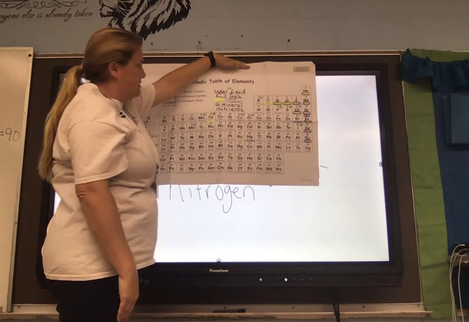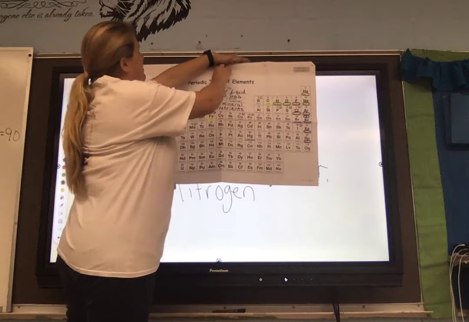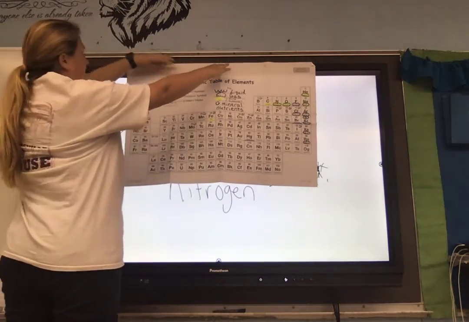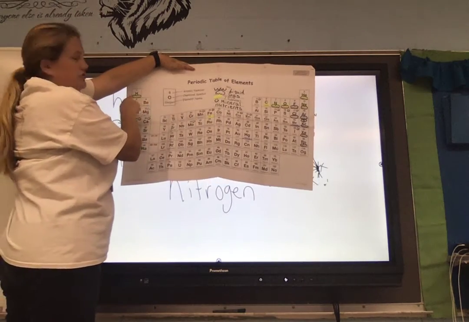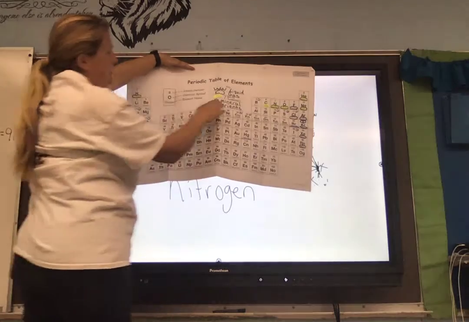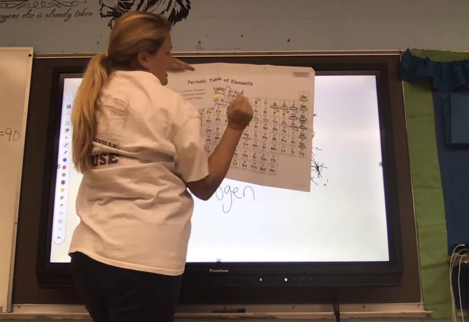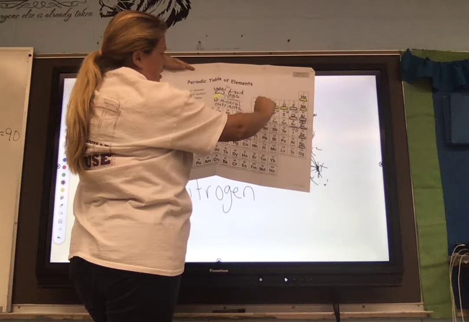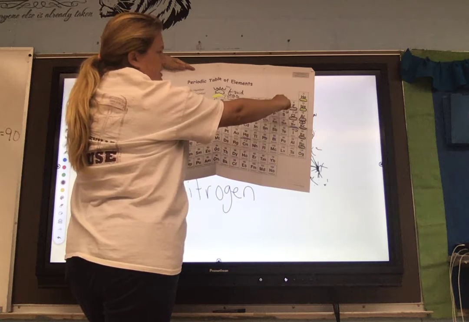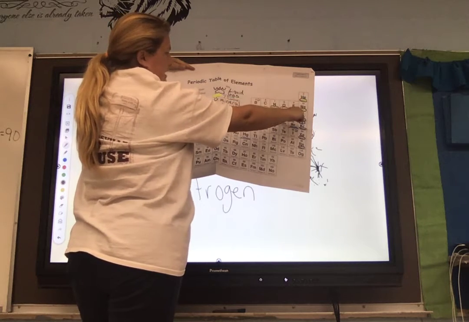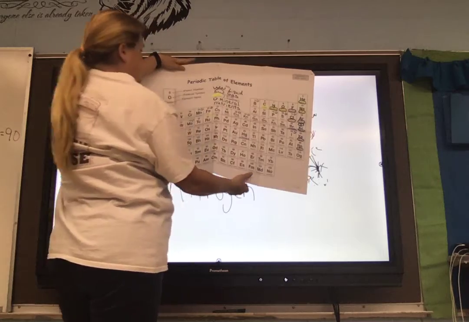These are our 7 most common elements. And then I've located these 7 and highlighted them. So number 1, hydrogen is highlighted. Number 2, helium is highlighted. 6, carbon. 7, nitrogen. 8, oxygen. 10, neon. And 26, iron.